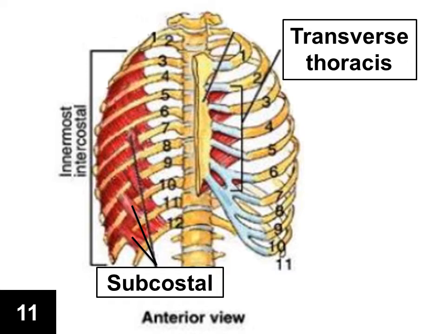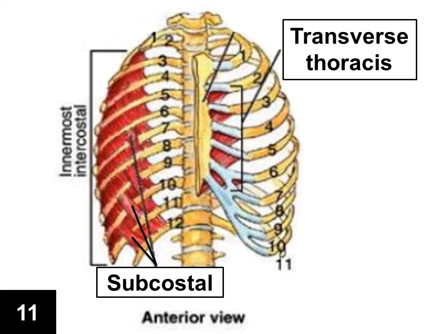In this picture you can see that the sternum is cut out, so the ribs with costal cartilage are removed to show you the posterior aspect of the thoracic cavity, and you can see the subcostal muscle, and even the transverse thoracis.